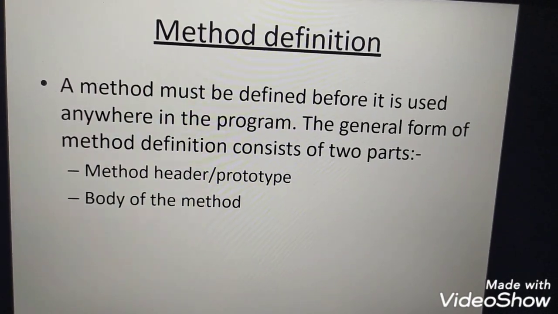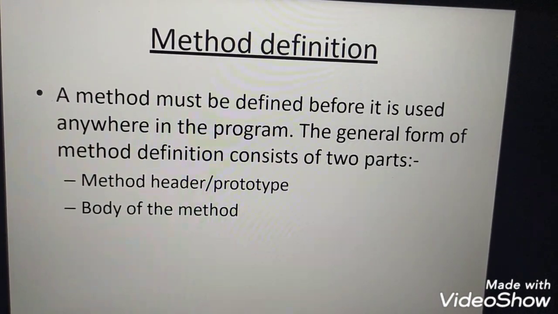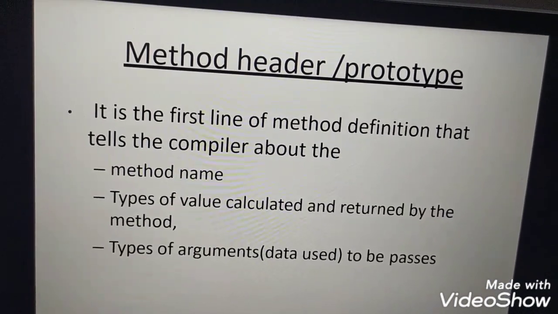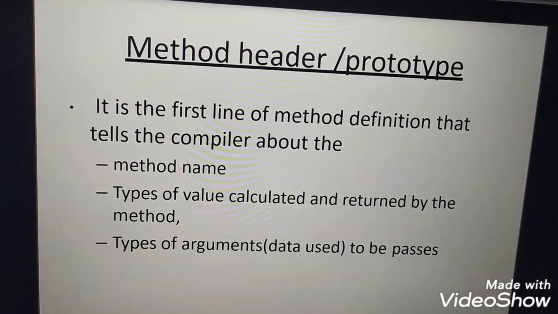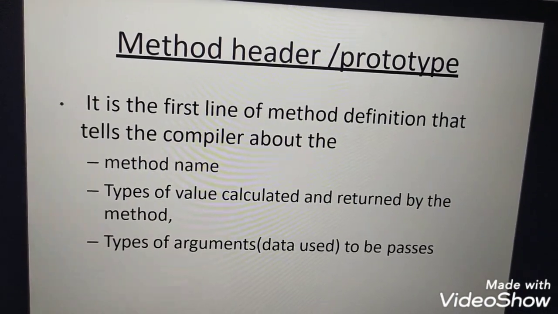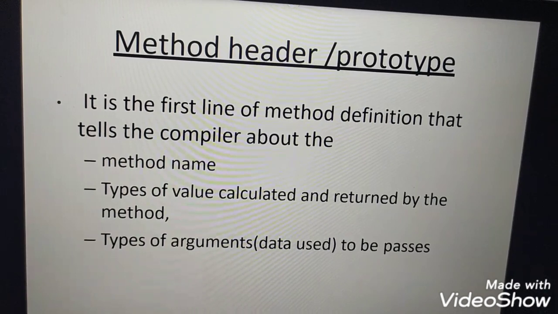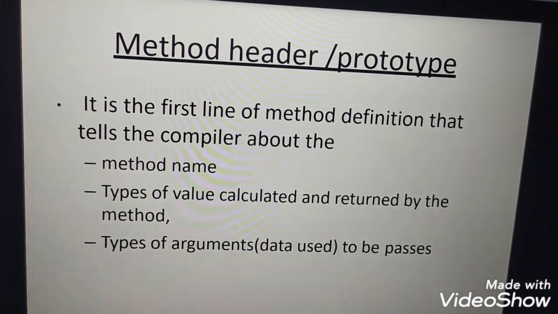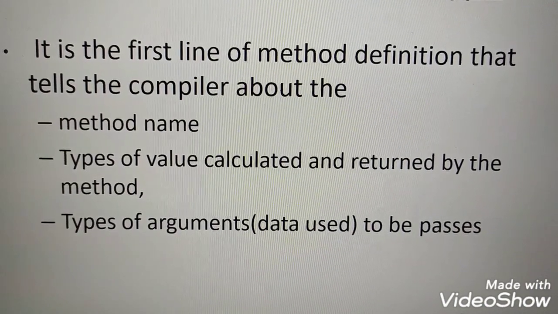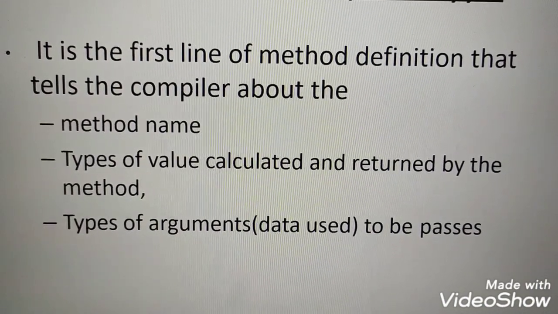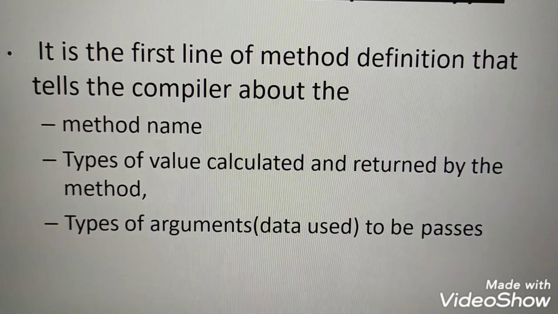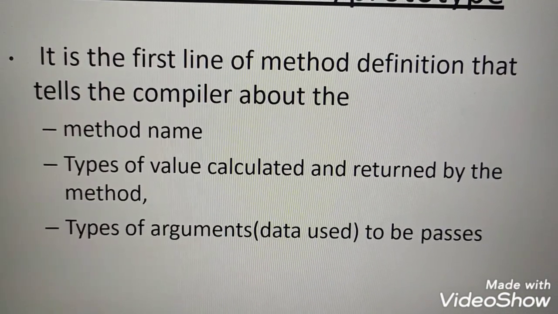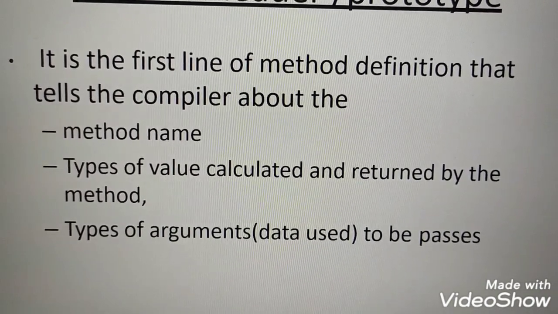The method header or prototype is nothing but the first line of the method definition. What does this first line have to do? It tells the compiler the name of the method, the types of value calculated and returned by the method, and what arguments or data are used by the method.